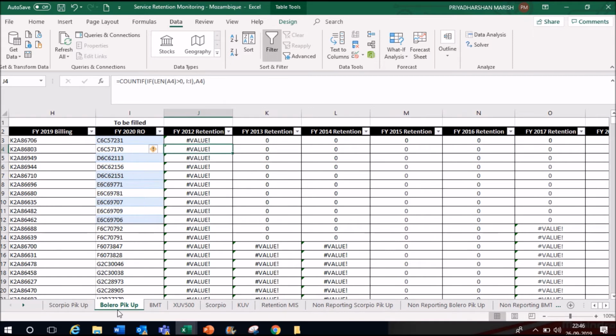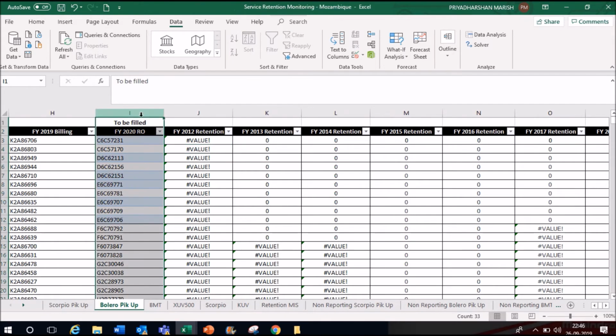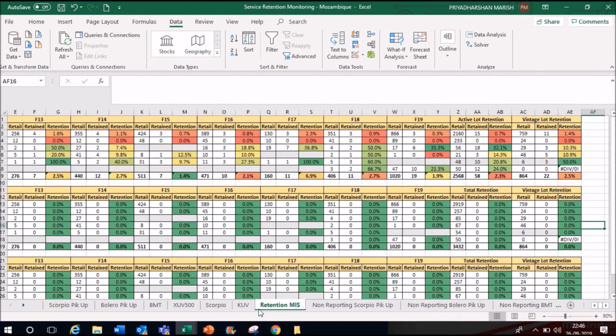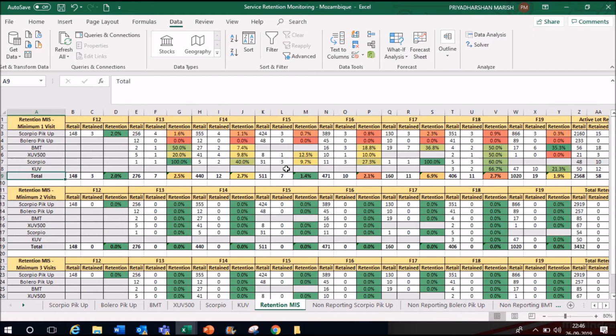So when we fill in the repair order data in all these files, what we finally get is this retention MIS. This is again auto populated. You will have to just fill in your RO data. This gives you the year wise, model wise retention percent.